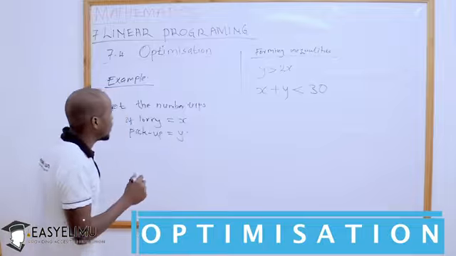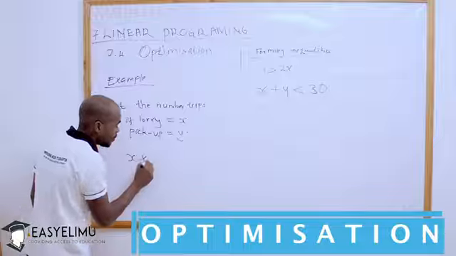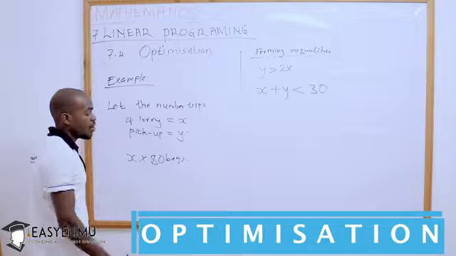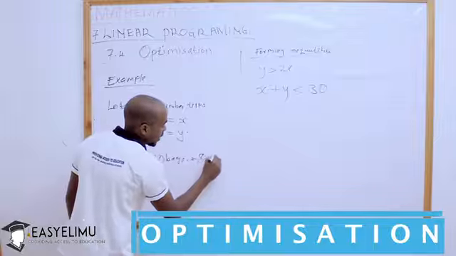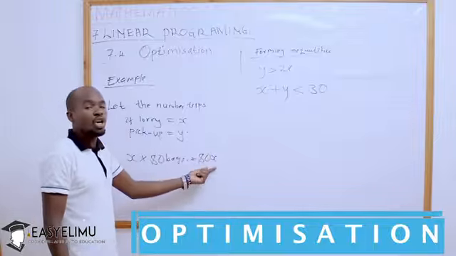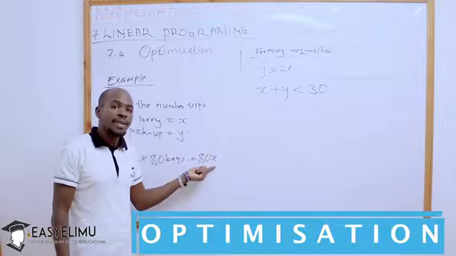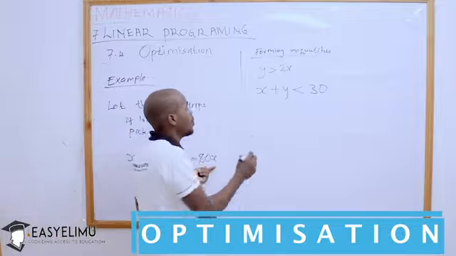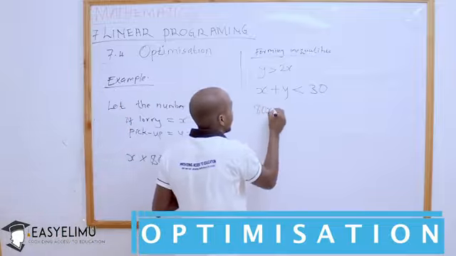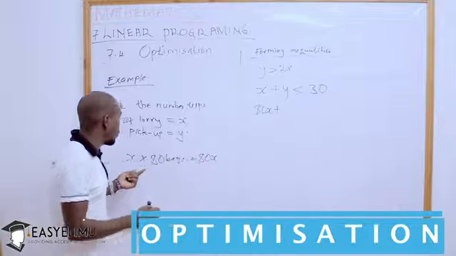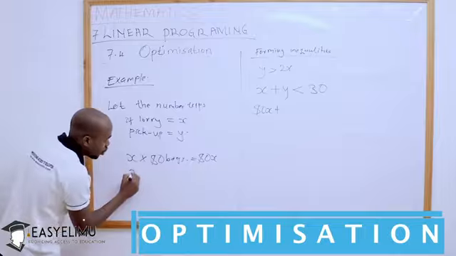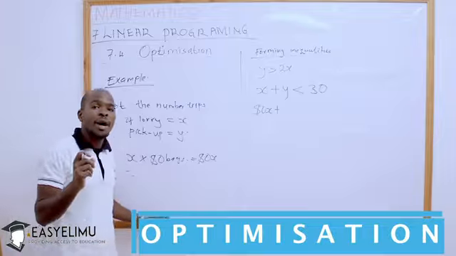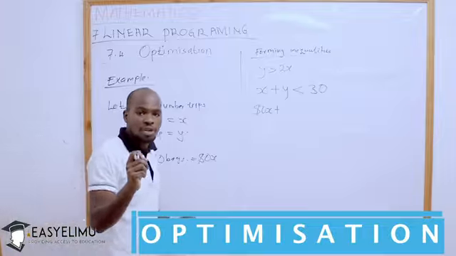For example, x multiplied by 80 bags per trip gives 80x, the total number of bags a lorry will carry in x trips. Now, for the pickup, we have been informed that it carries a maximum of 20 bags per trip.